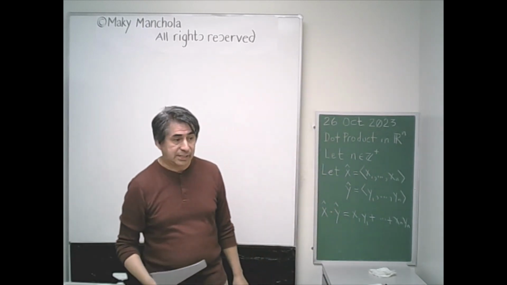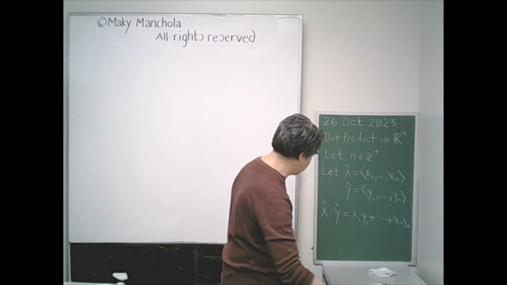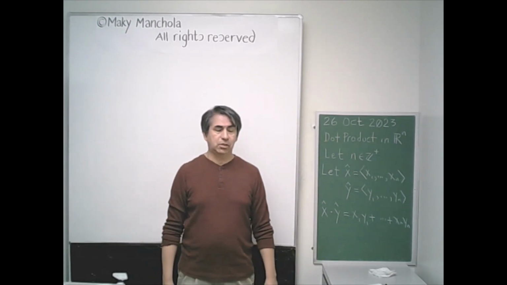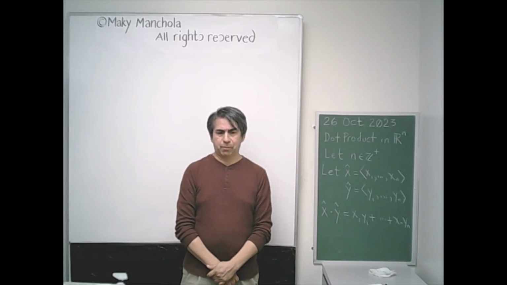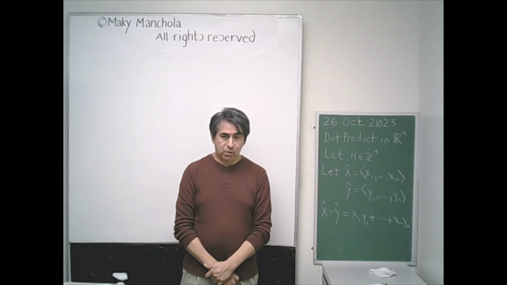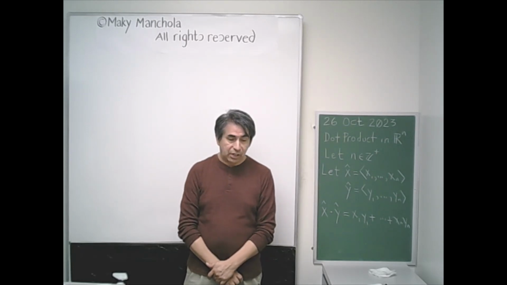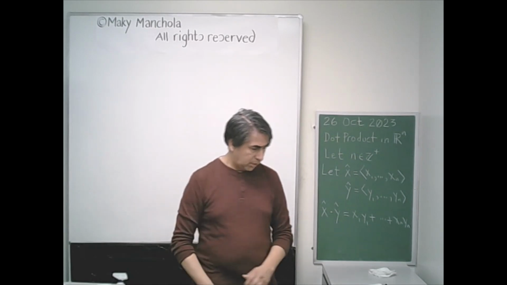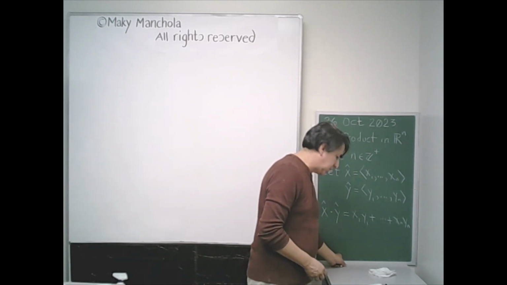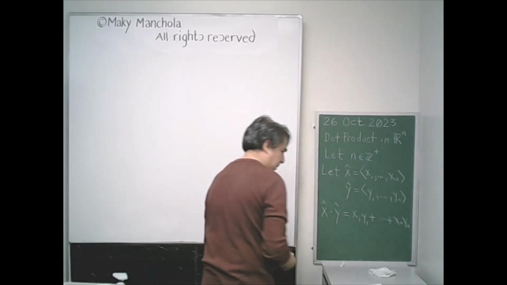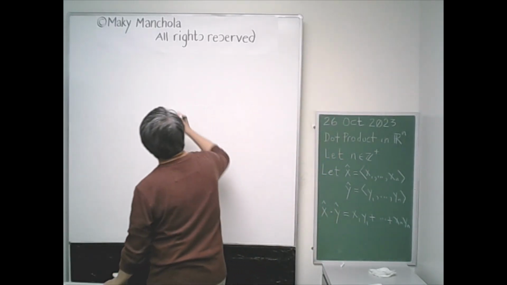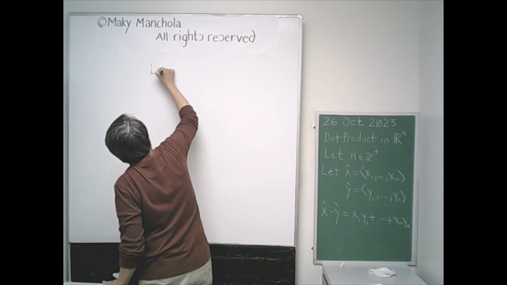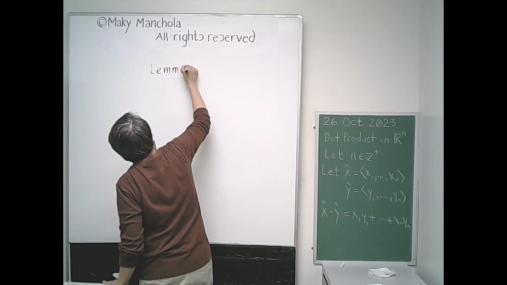First question we should ask is, is the dot product commutative? Second question, does the dot product distribute over addition of vectors in Rn? The answer in both cases is yes. Let's write that as a lemma. Lemma.